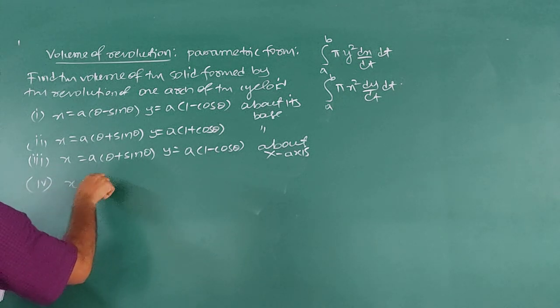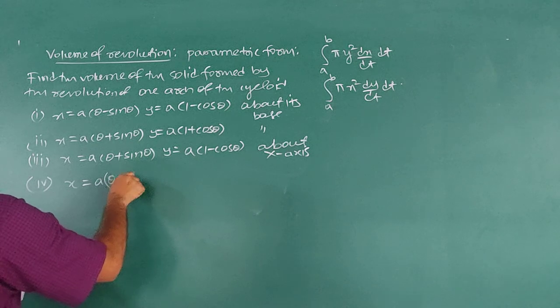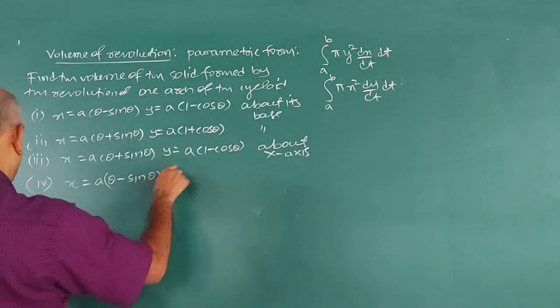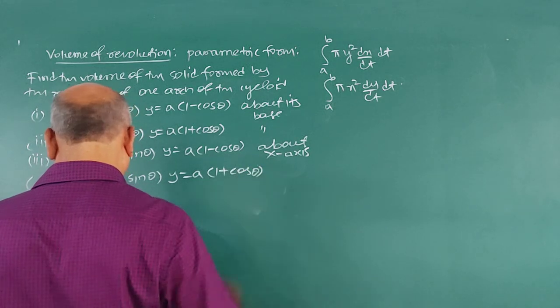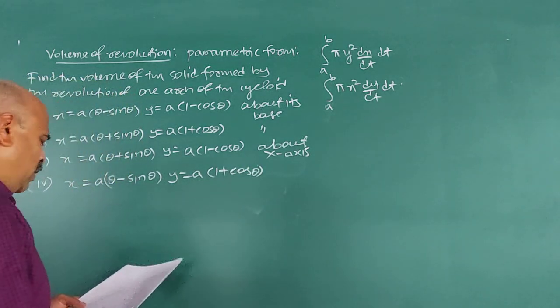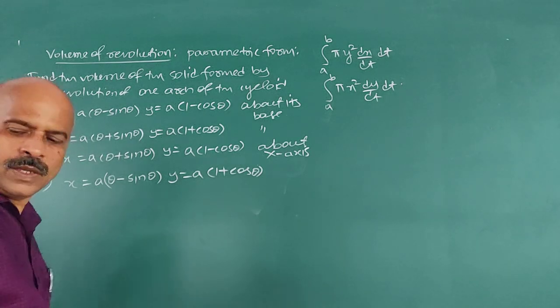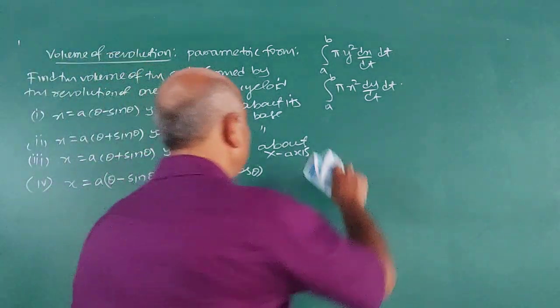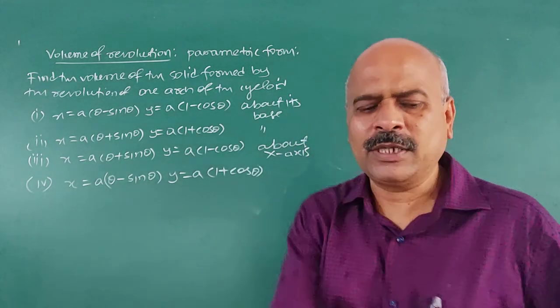Fourth one, you know that there are four standard forms in cycloid: theta minus sin theta and y is a into 1 plus cos theta, about its base. See the four problems here. You know the cycloids, four different types are there.